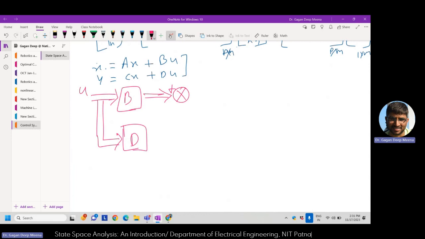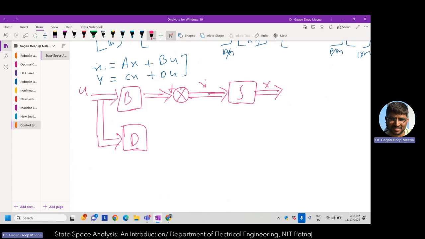If x is getting added, then x has to be there. If I have x dot here, I would need an integrator to make it x. So I have that integrator here, and then I have x here.